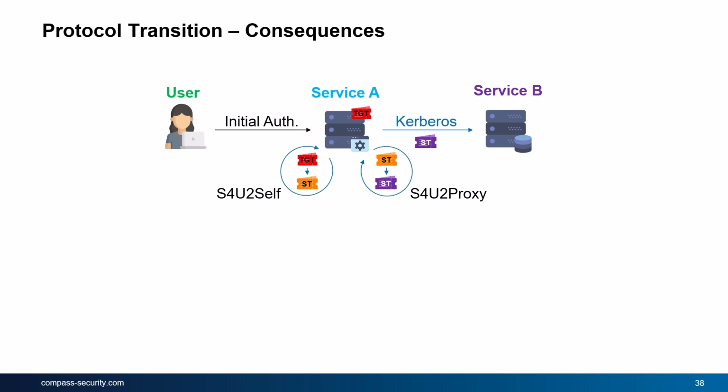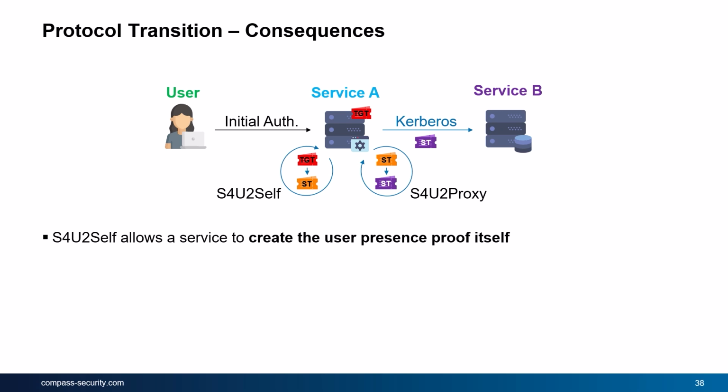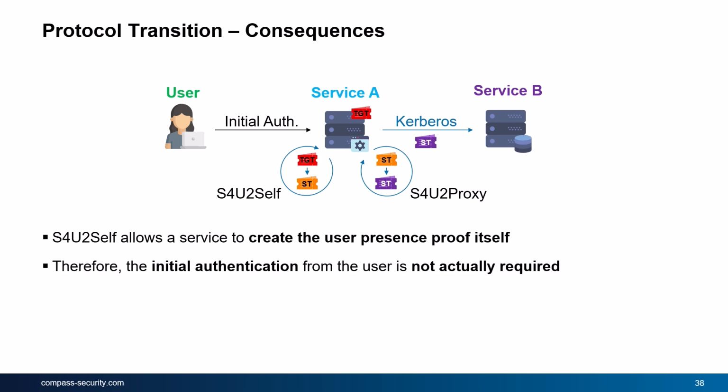That means that S4U2Self can be used by the service that is configured accordingly to create a user presence proof, so the service ticket, by itself. The interaction with the user or the incoming authentication of the user is not actually required for this.